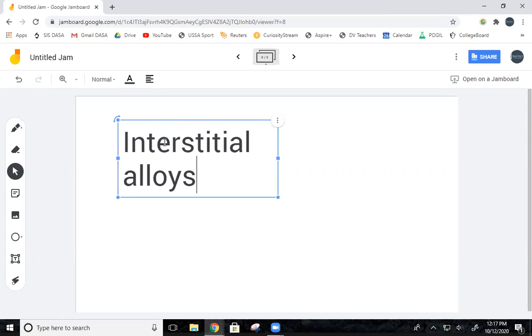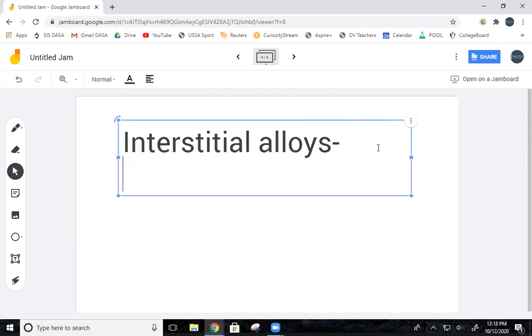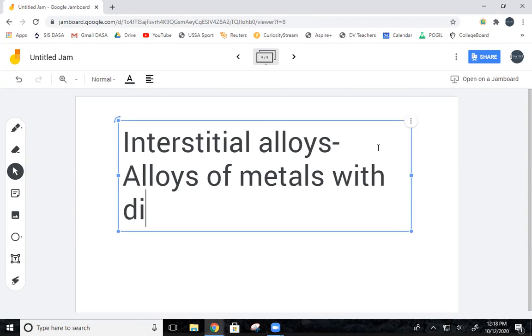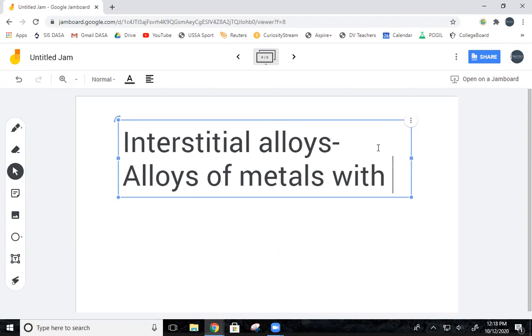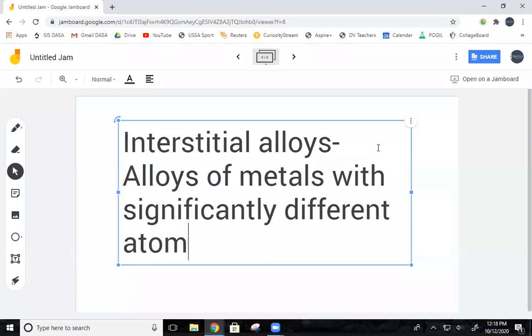Interstitial alloys are alloys of metals with significantly different atomic radii.